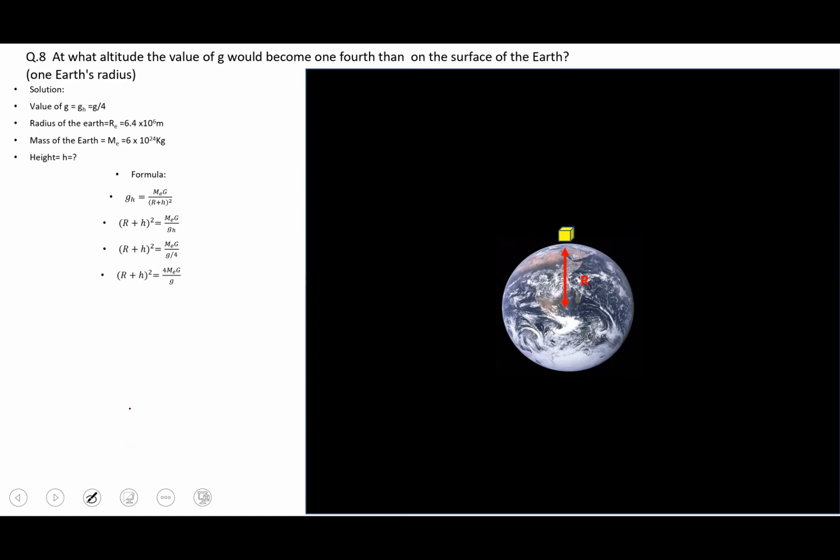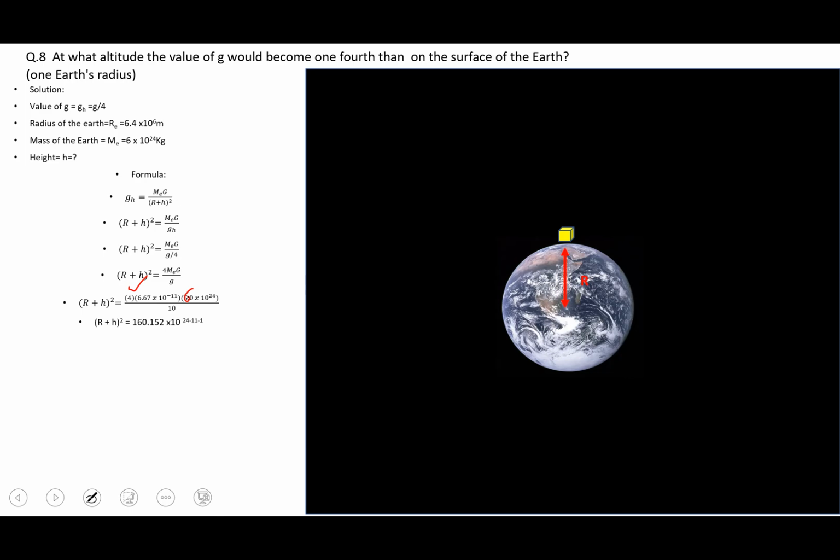R plus H whole square is equal to 4 ME into G divided by small g, which is the gravitational acceleration. Putting in the values, R plus H whole square is equal to 4, which is taken as it is. Mass of the Earth is approximately, you can say, 6.0, not 5, 6.0 into 10 to the power 24. The value of G is 6.6 into 10 to the power minus 11 divided by 10.